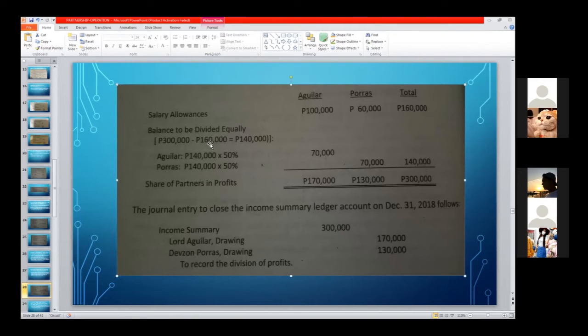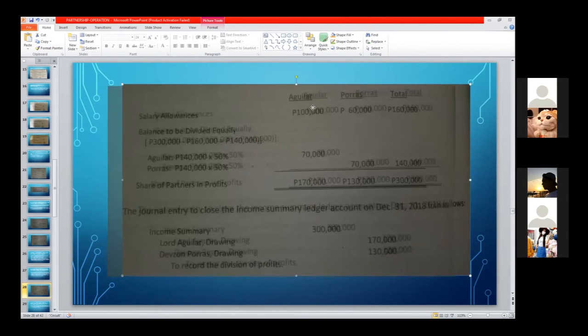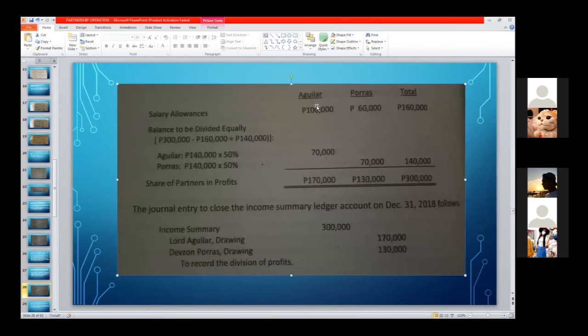And then ibawas nyo ulit doon sa profit nyo para makuha yung residual na paghahatian nila, which is 140,000. Simple pa lang to. Basta tandaan nyo na lang tong table para di kayo mahirapan. Ikarga nyo na lang yung mga info, yung mga amounts.